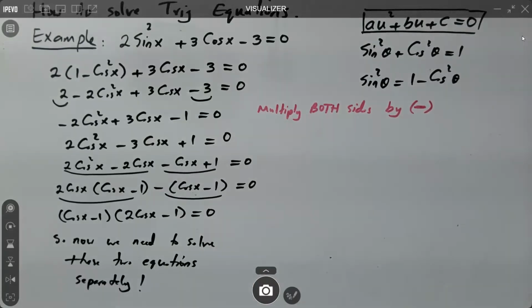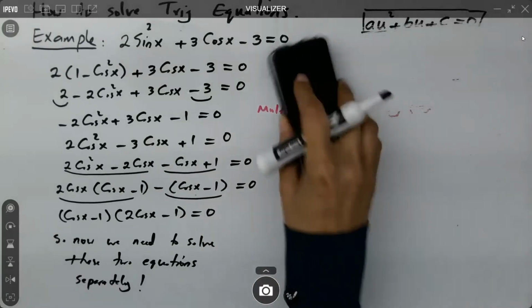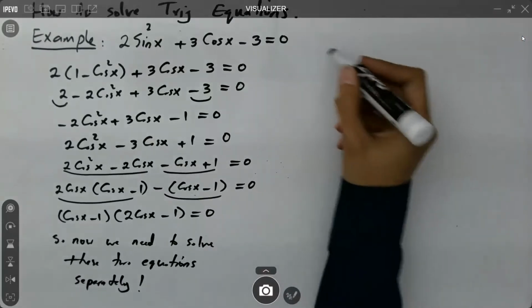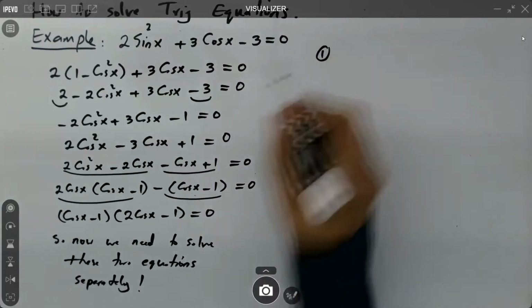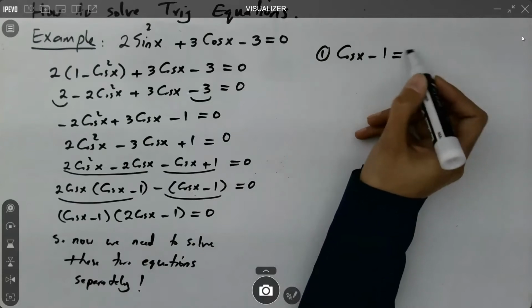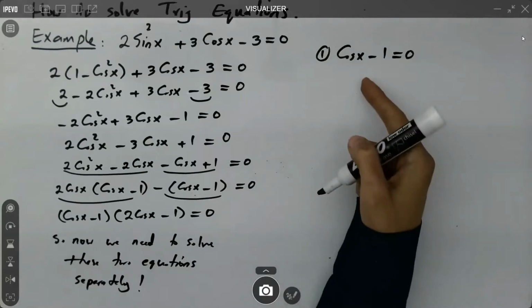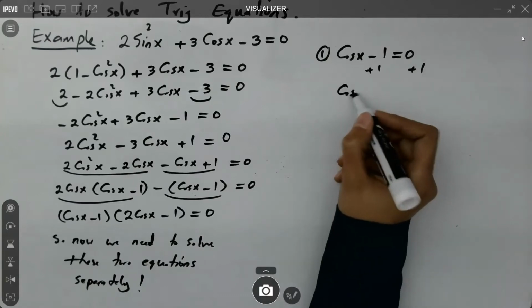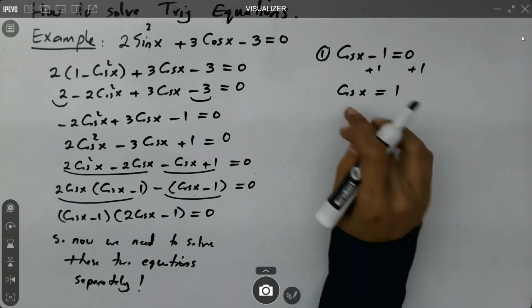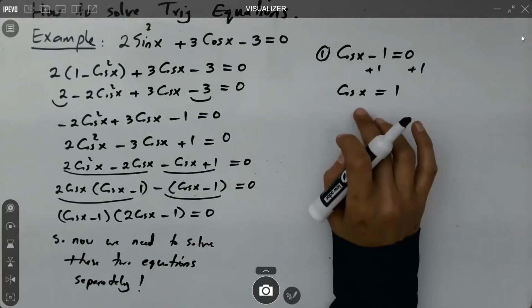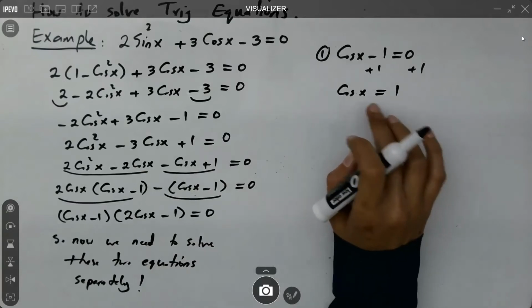Okay, not that bad. Let me write them here. So the very first equation that you have is cosine x minus 1 equal to 0. When you try to solve this, it means that you're going to add 1 to both sides. Isolate your cosine. Cosine x is equal to 1, right? Well, for which value of x cosine is 1?